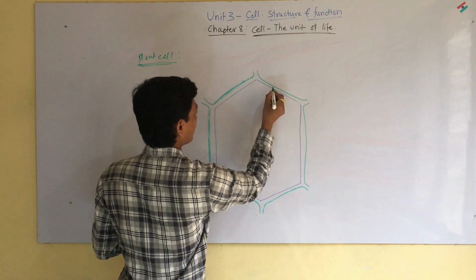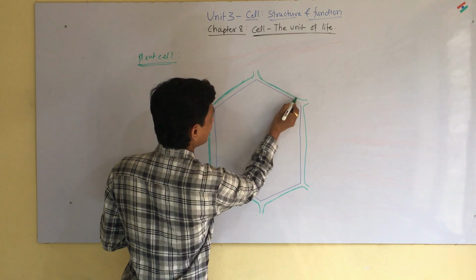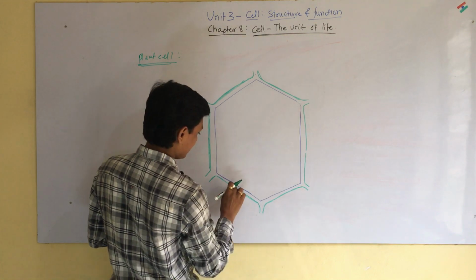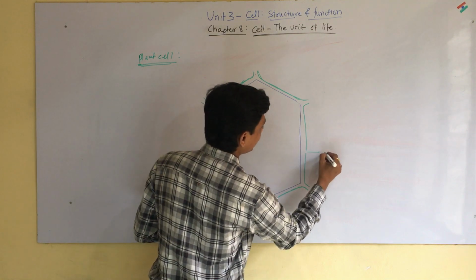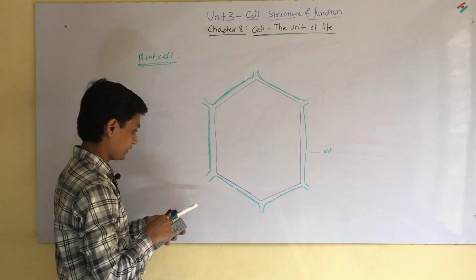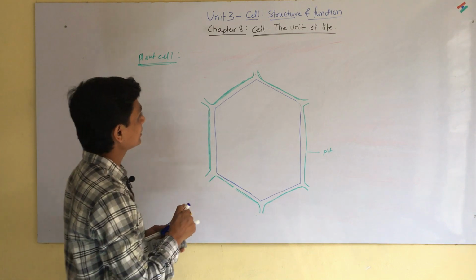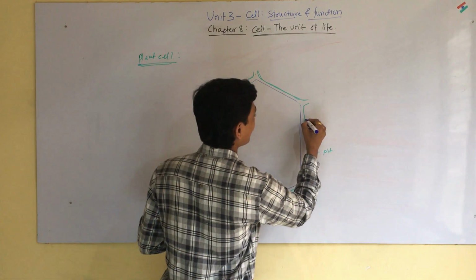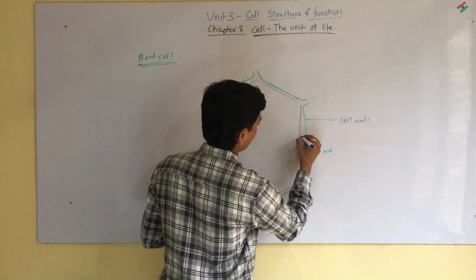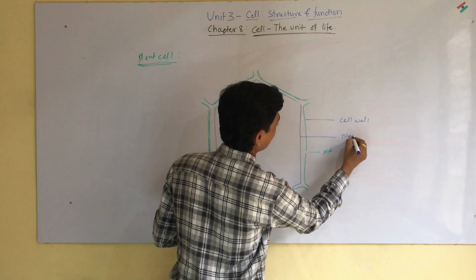Somewhere this cell wall is discontinuous, or a space is present. This is known as pit. Here and here, pit. This greenish color is known as cell wall, and this is the plasma membrane.